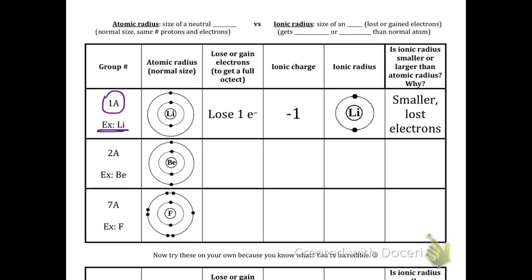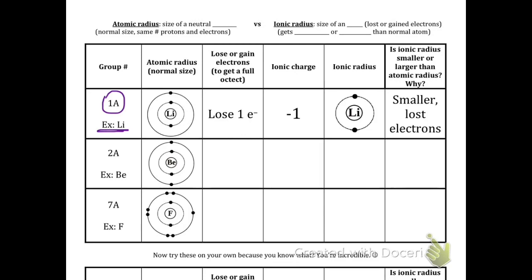So going back, a normal neutral lithium has 3 protons and 3 electrons. So if we draw 3 electrons, the first level will have 2 electrons, and then the second level is going to have that extra one, so a total of 3 electrons.